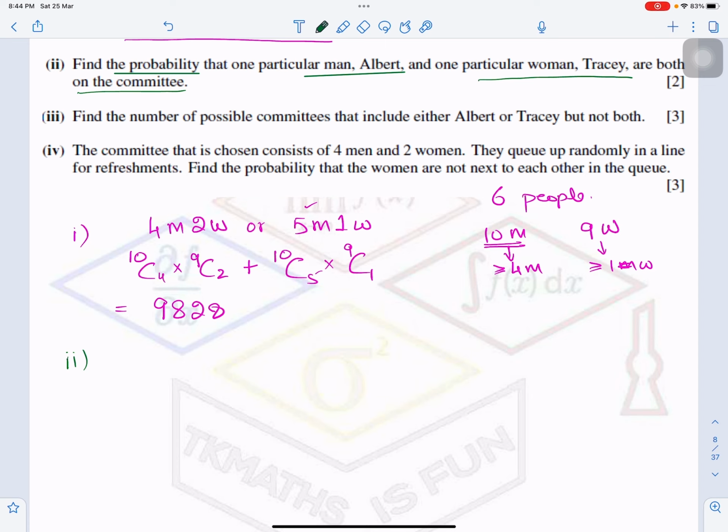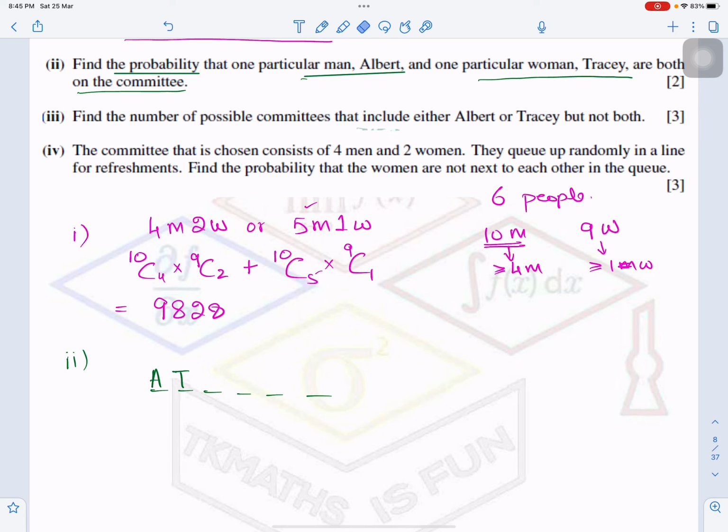So there is a condition. Now let's see here, 1, 2, 3, 4, 5, 6. So these are the 6 possible committee members in which Albert and Tracy have been selected. So they have told you here that they are included in part 2.